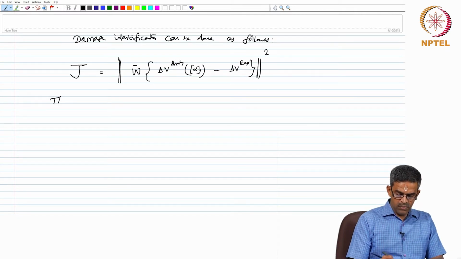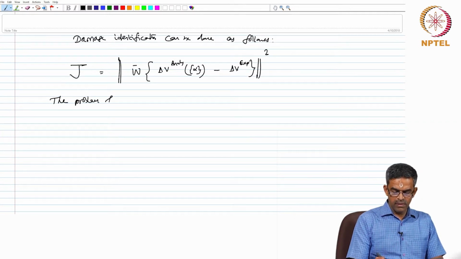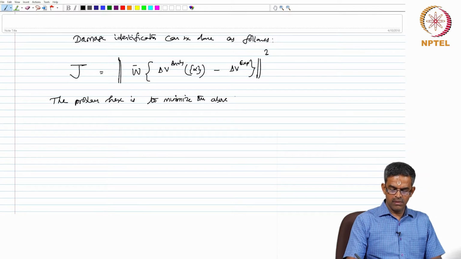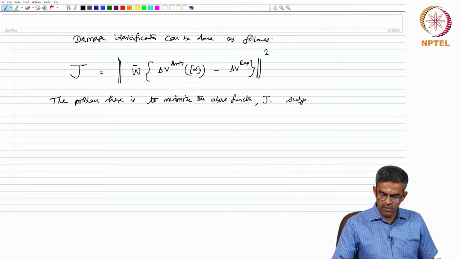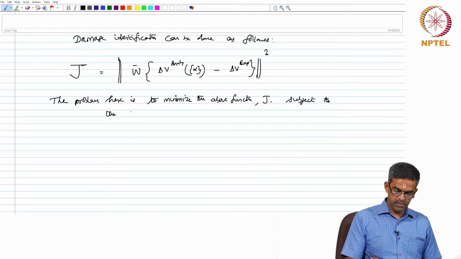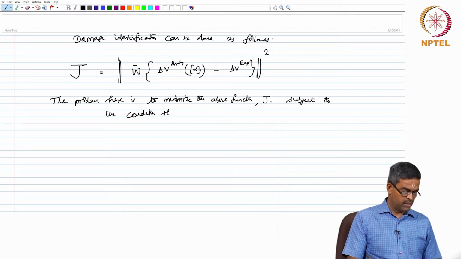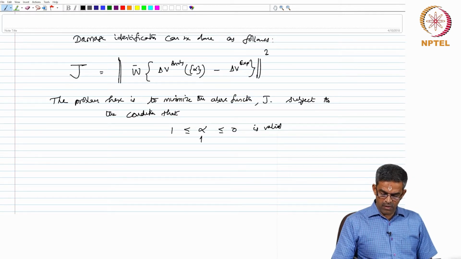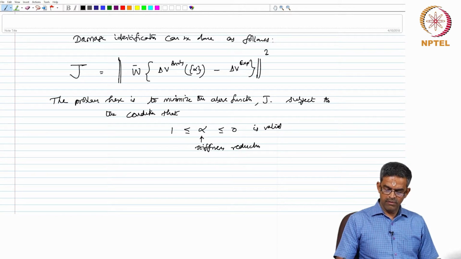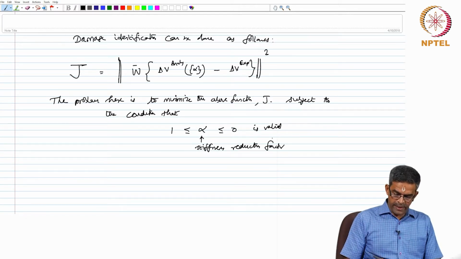Now, the problem here is to minimize the above function J subject to the condition that 0 less than alpha less than 1 is valid. This is what we call the stiffness reduction factor.